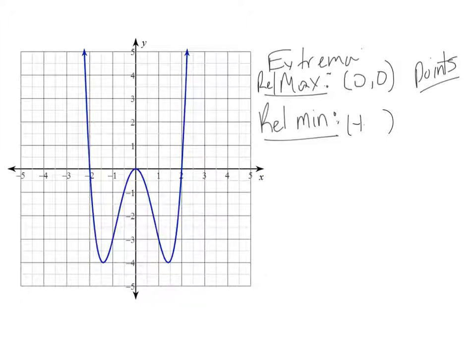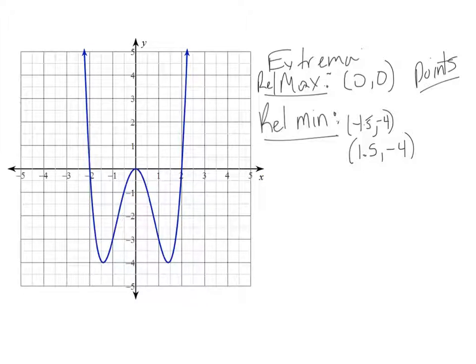It's negative 1.5, or negative 3 over 2, and negative 4. Also, another spot would be (1.5, -4). So these are your two minimums. Now I'm going to show you how to do this in your calculator if you have an equation, but if they don't give you the equation, you kind of have to guess, and you have to get pretty close, and that is fairly close there.